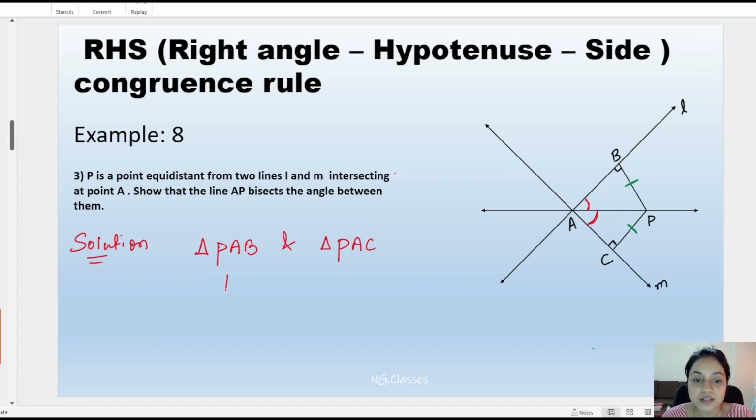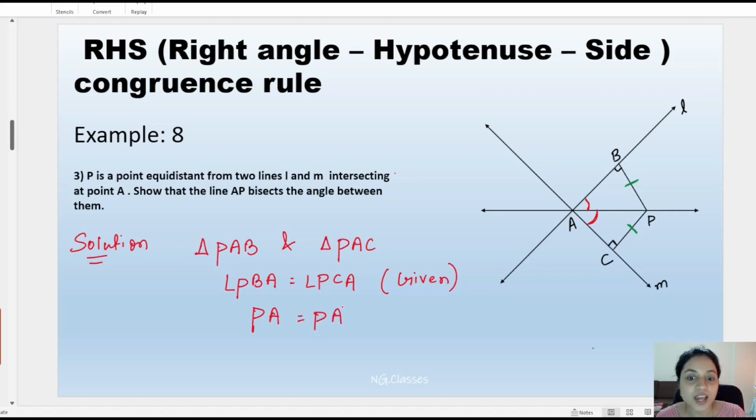So we can write it over here that angle PBA is equal to angle PCA. That is already given. Now we can see that PA is a common side in both the triangles. And also it is given that side PB is equal to side PC.